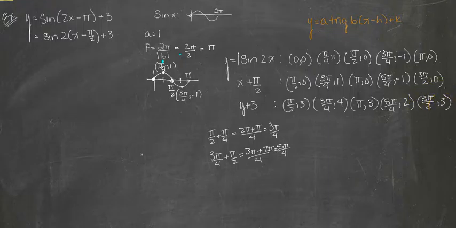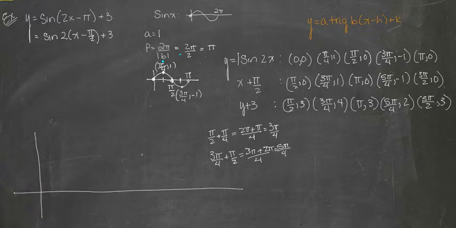So now when I want to graph this, I know that I'm raising the x-axis, or the center, the line that bisects my function horizontally.